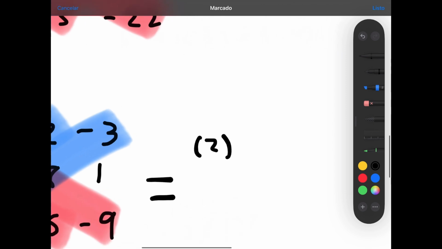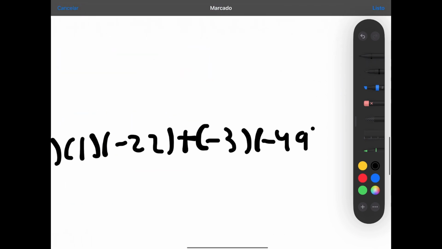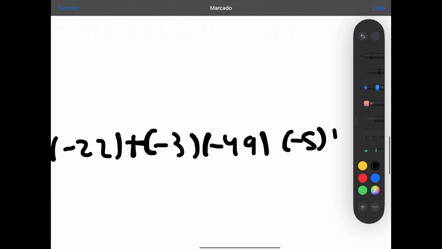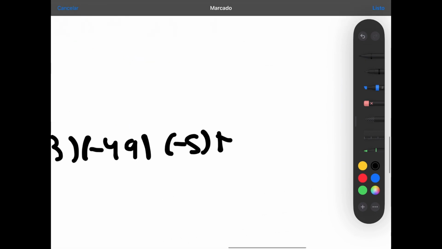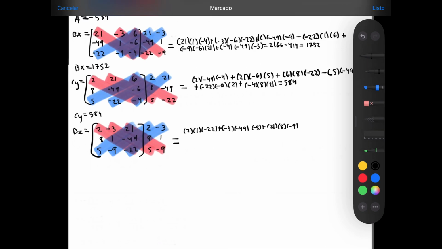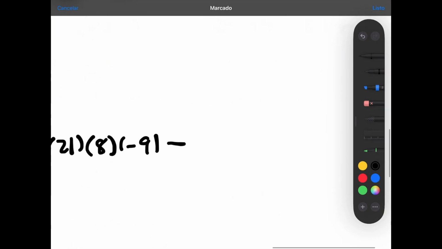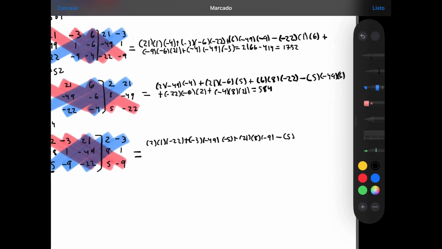So it's 2, 1, minus 22 plus minus 3, minus 49, minus 5 plus 21, 8 and minus 9. So once we're done with all the reds, you add the subtraction sign and you go with the blue ones.